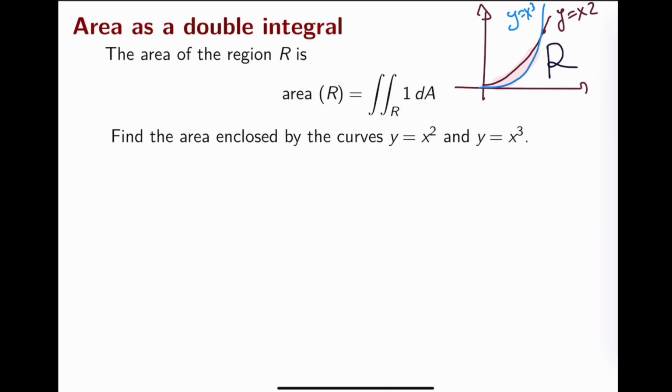This is the region R, so let's decide if it's type 1 or type 2. So let's say that if we consider the variation of x between 0 and 1, so we have the description as this region varies between 0 and 1, and then the variation of y, if we consider here a vertical line, will vary between this function and this function.